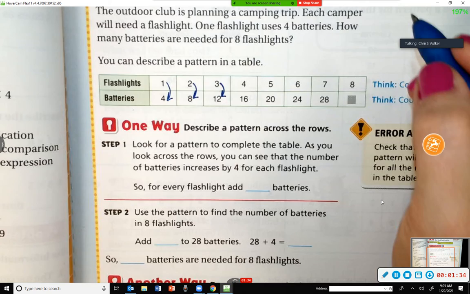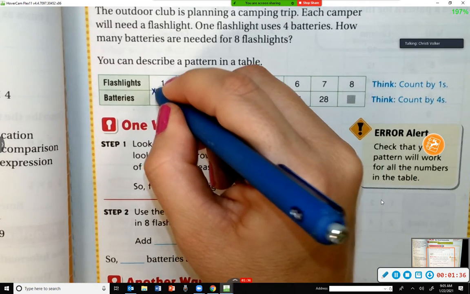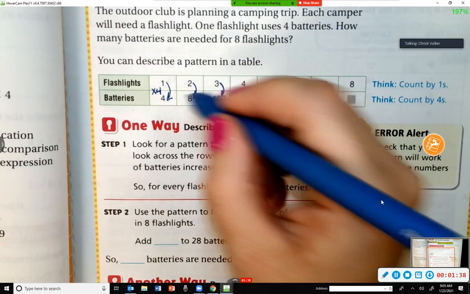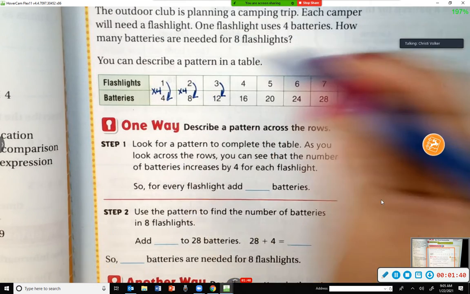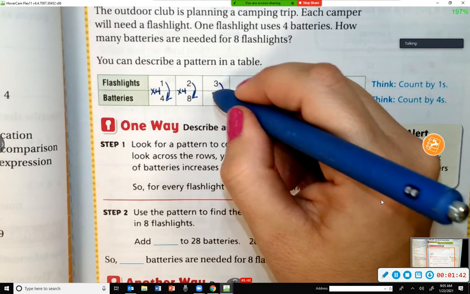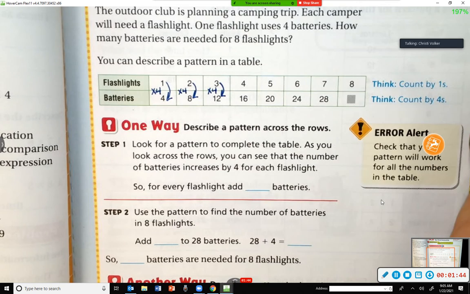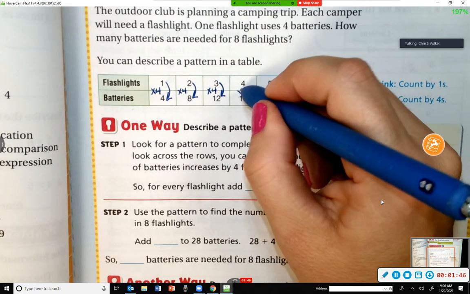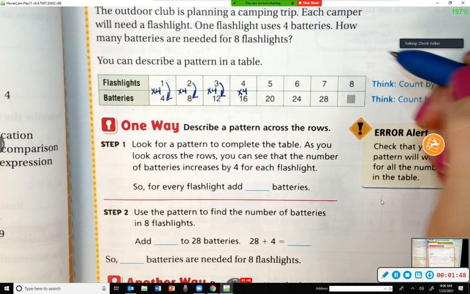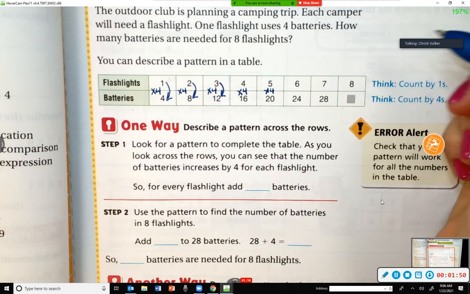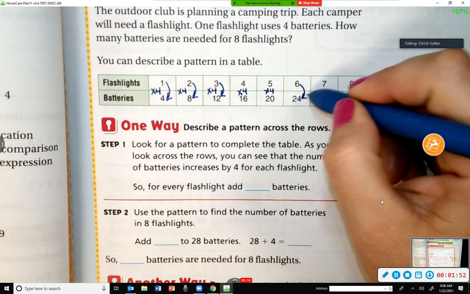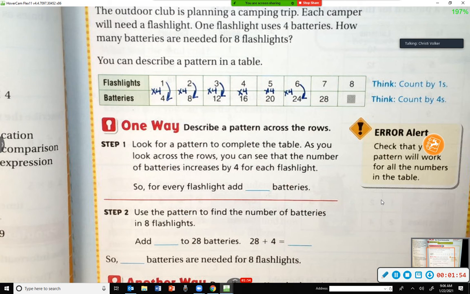4. Good, Kaylee. 1 times 4 is 4. 2 times 4 is 8. 3 times 4 is 12. 4 times 4 is 16. 5 times 4 is 20. And you get the idea, right? Each one is being multiplied by 4 because one flashlight needs 4 batteries, right?